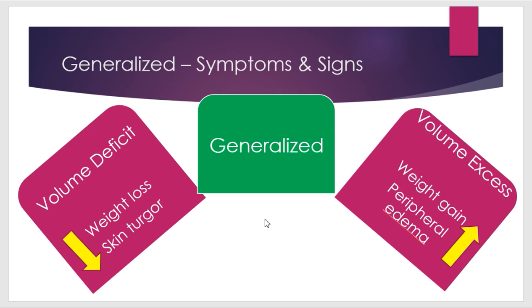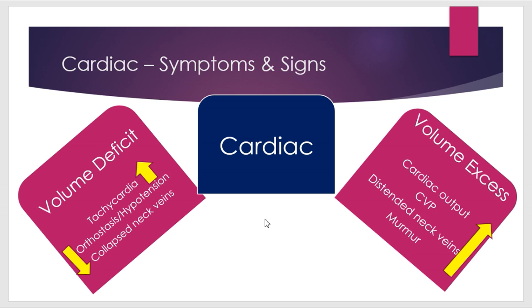After that, let's go to the cardiac symptoms. If the patient presents with volume deficit, the patient may have tachycardia, an increased pulse rate. The pulse rate will be increased in volume deficit.